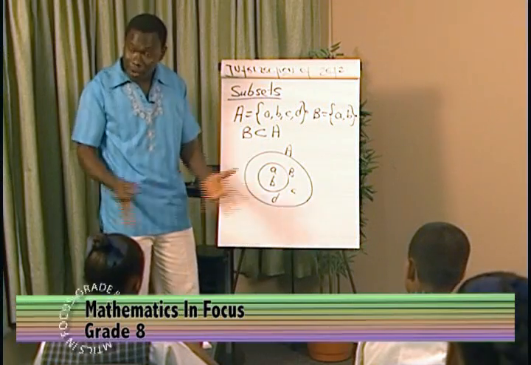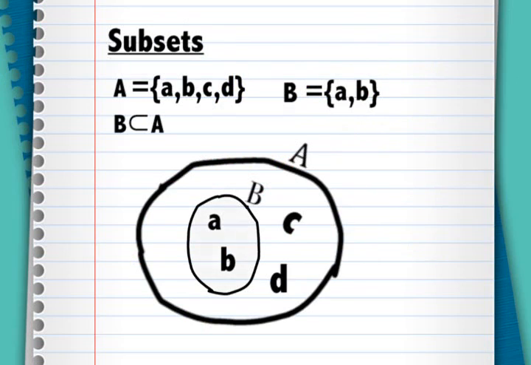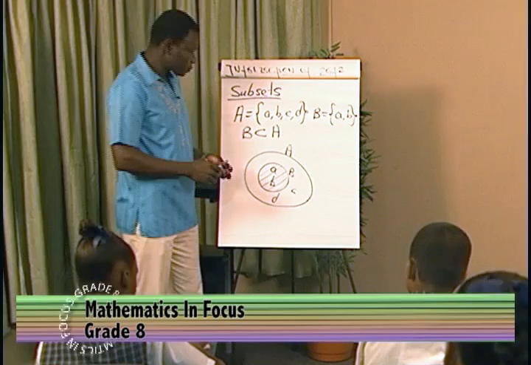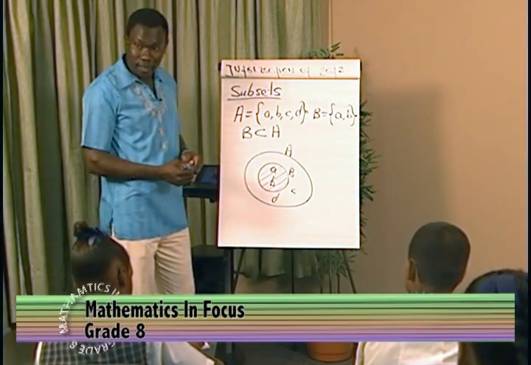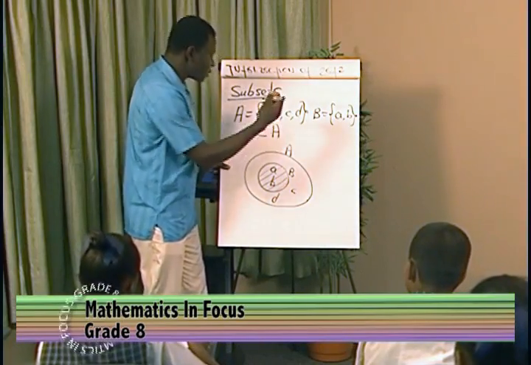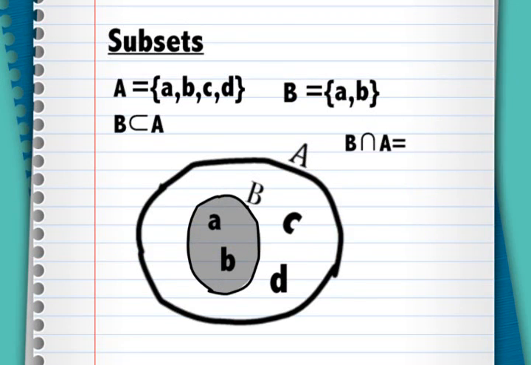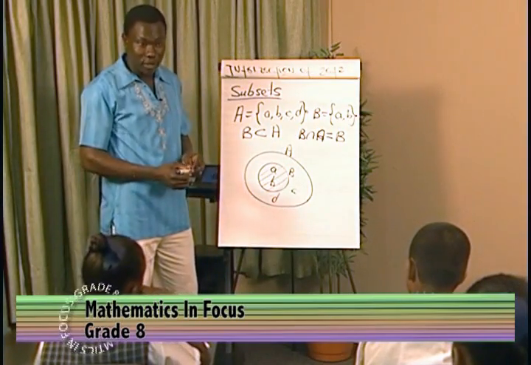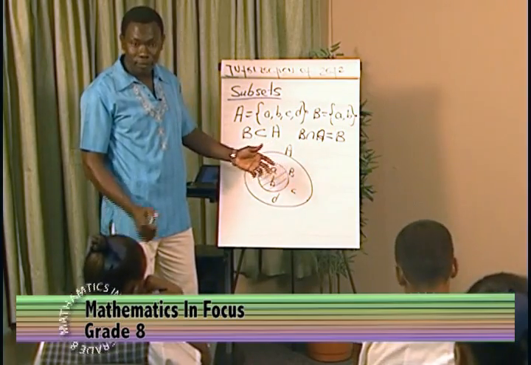A, B. So the entire B is in A. So it therefore means the intersection in this case will be this entire set here, B. So when B is a subset of A, then B intersection A will be equal to the set B itself. Is that clear?